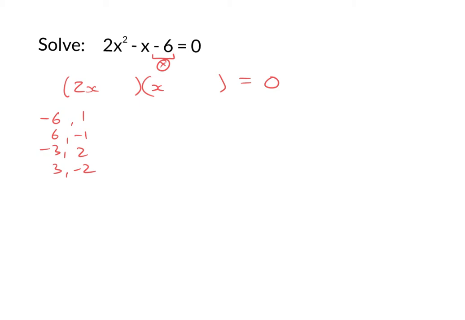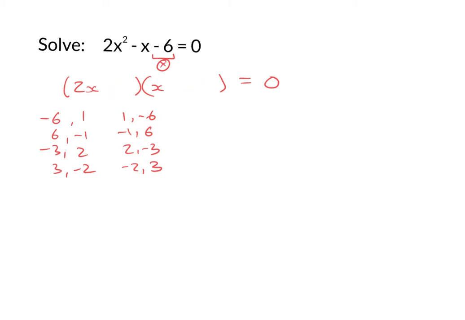But because I don't just have x as the first term, I have 2x and x here, these are different. These terms could also be in the other order. They could be swapped around. So I could have 1 followed by negative 6, or I could have negative 1 with 6, 2 with negative 3, and negative 2 with 3. So there's actually 8 different pairs of numbers, one of which will be the right solution to go into these spaces here.